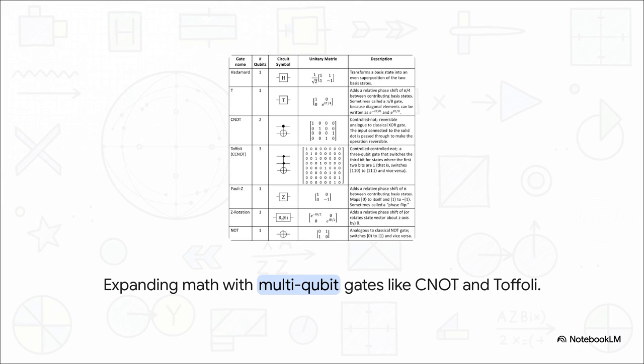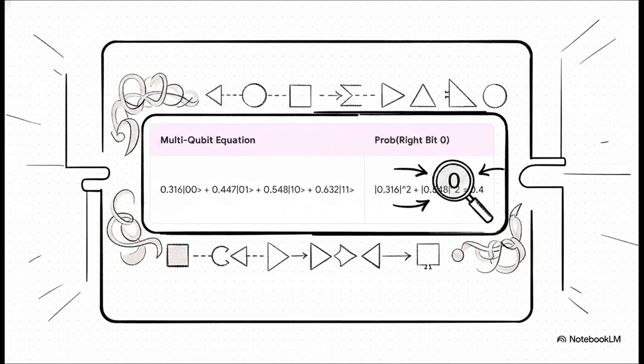That's a stark contrast to non-entangled or separable states, where the mathematical state of one qubit can be completely described independently of the other. When qubits are part of a multi-state entangled system, our linear algebra scales up beautifully. Take a typical state equation for a 2-qubit system. It's a vast superposition of 4 possible states, 00, 01, 10, and 11, and each has its own probability amplitude.